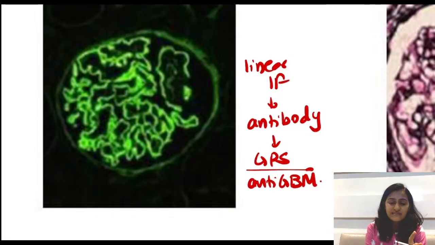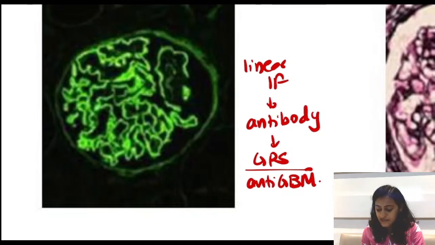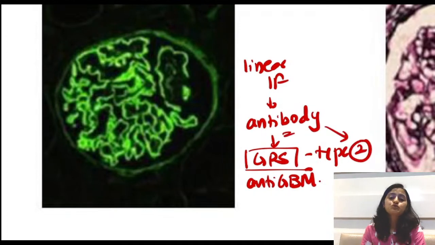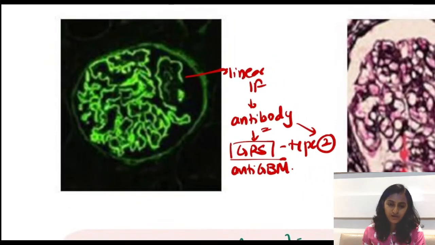So Goodpasture syndrome is what kind of hypersensitivity reaction? Because it is antibody, it is type 2 hypersensitivity reaction. Very, very important. Okay, this is Goodpasture's. Linear immunofluorescence, extremely important. There will be history of hemoptysis with hematuria.